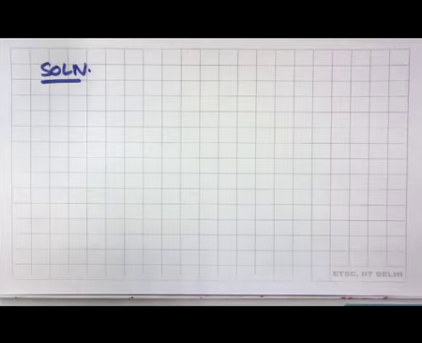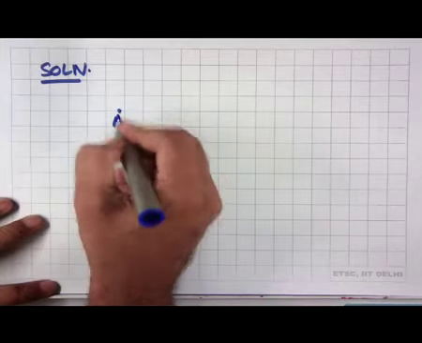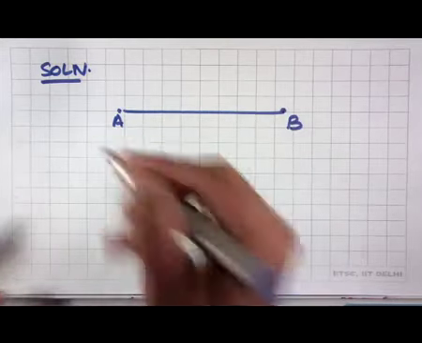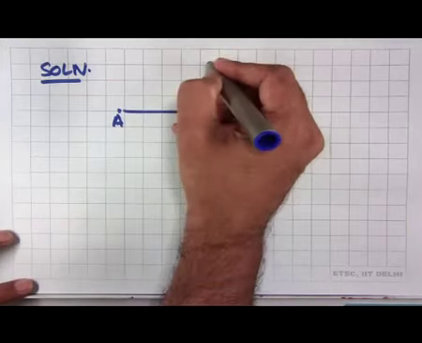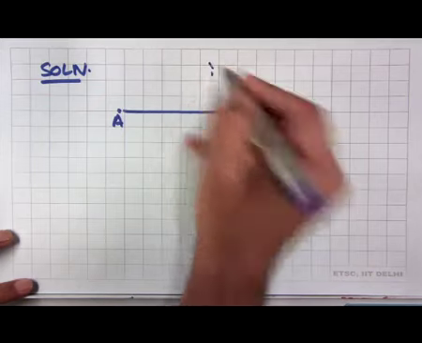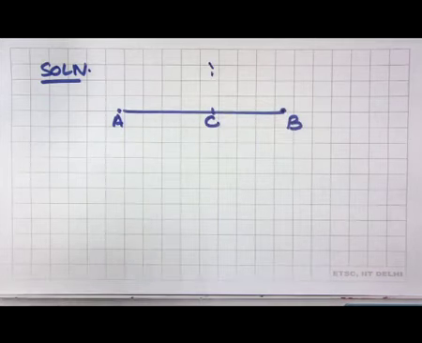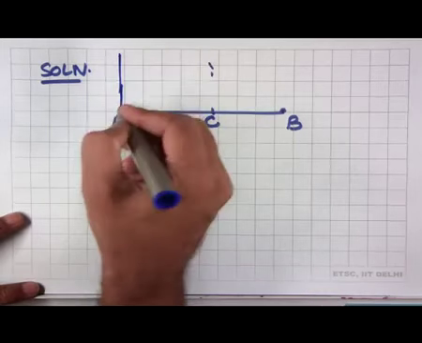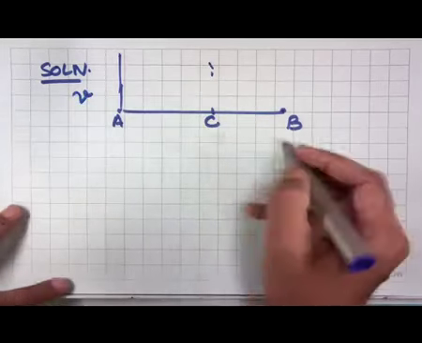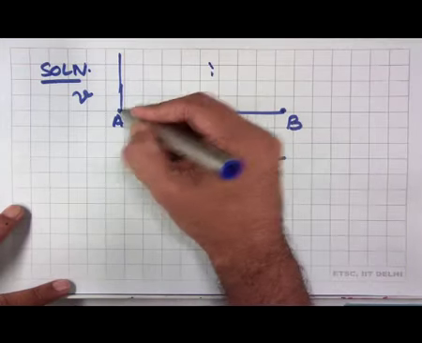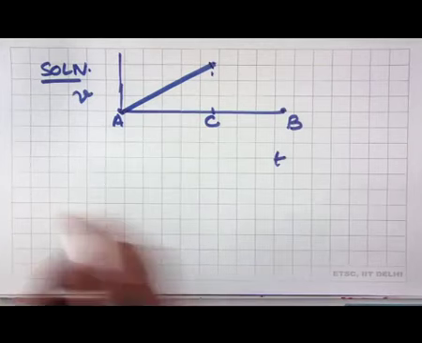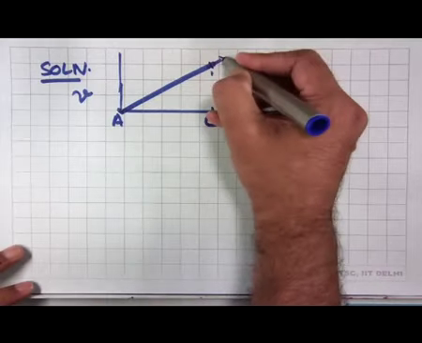Let us say the train starts from A and moves to B. Let the point C be where it changes from acceleration to retardation. If we plot velocity as a function of time, then when the train goes from A to C, the velocity increases in a straight line because it is uniform acceleration A1.